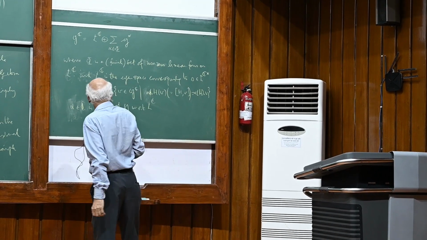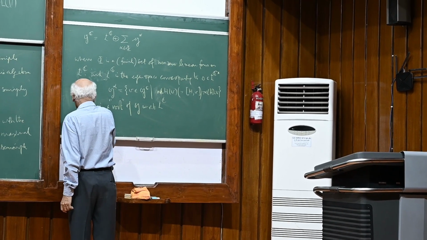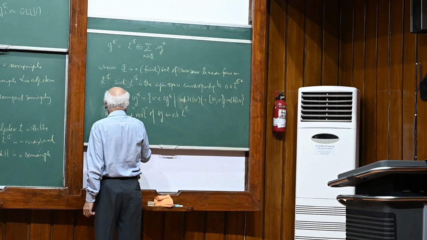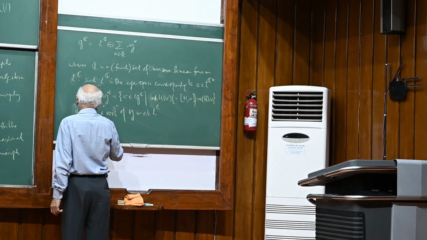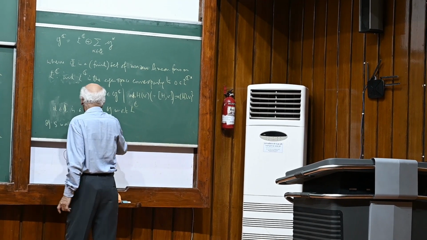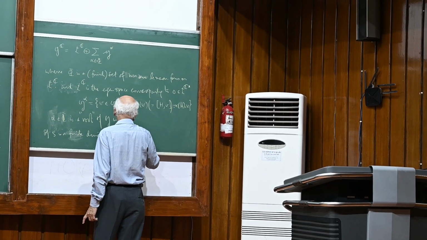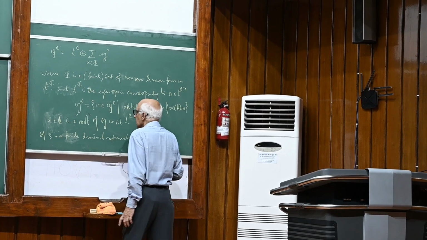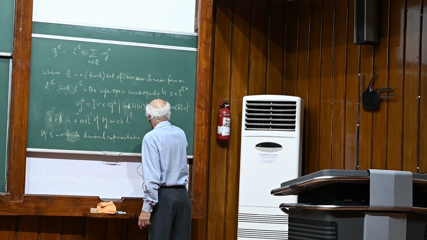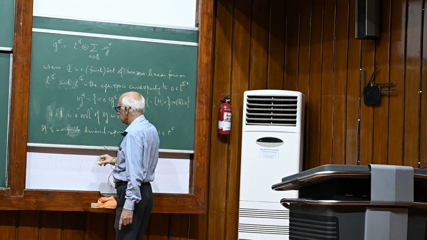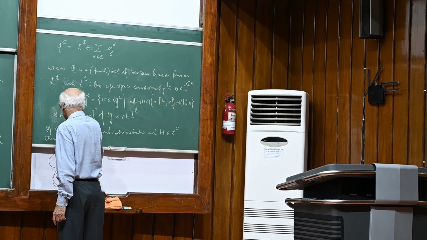So, if rho is a finite dimensional representation and H is in T_C, then rho dot H is semi-simple.